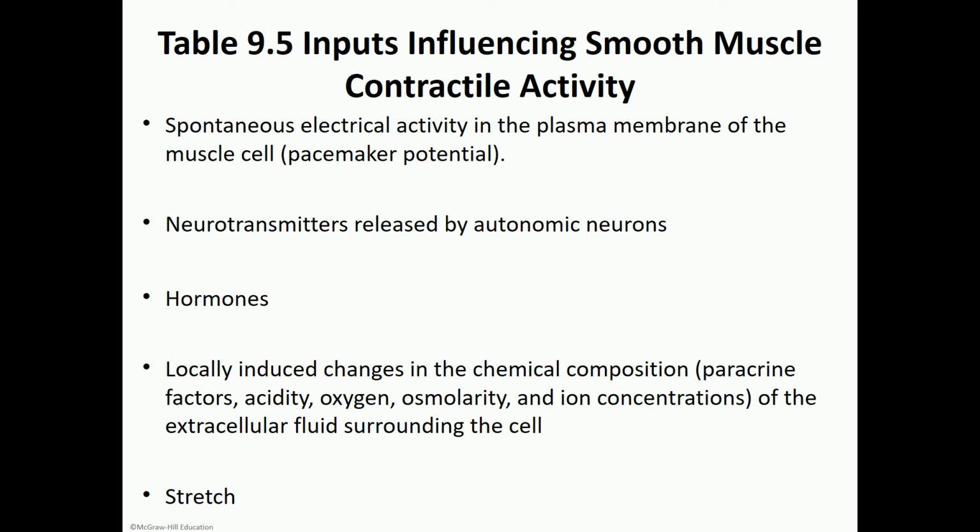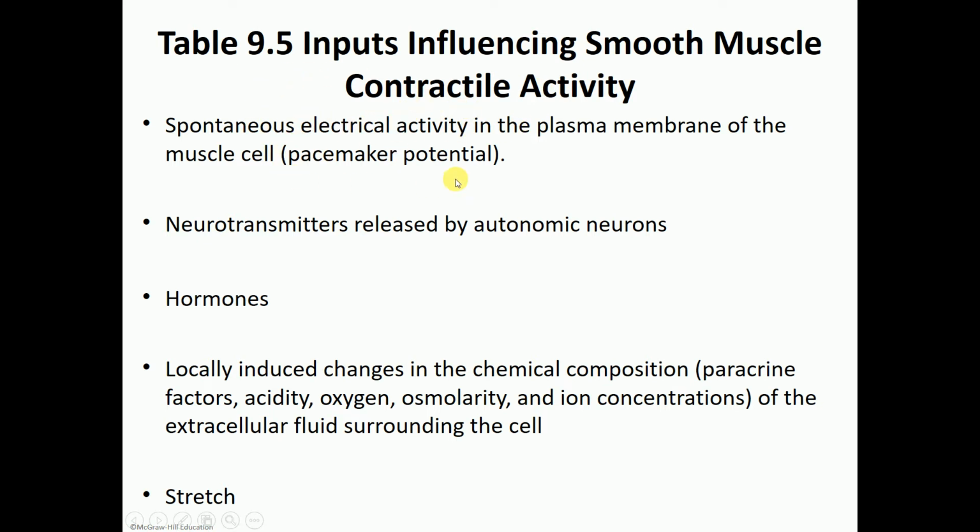Now, what are the things that influence a smooth muscle to contract? So again, we have to keep on going back and forth comparing to skeletal muscles. Skeletal muscles can only contract when they get an order from the motor neuron. That is not the case with smooth muscles. Smooth muscles have what is known as spontaneous electrical activity.